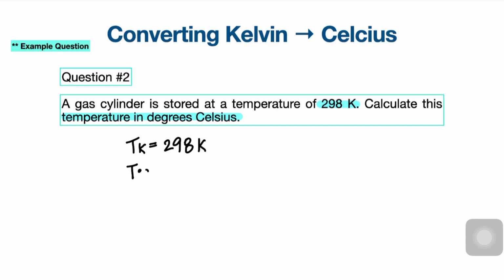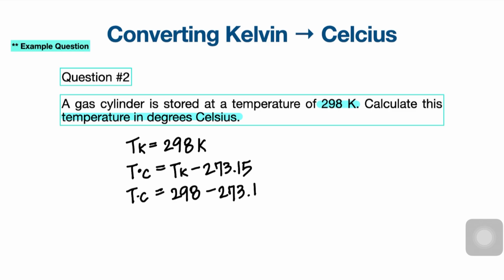So the temperature in Celsius would be equal to the temperature in Kelvin subtracted by 273.15. So if we substitute the temperature in Kelvin, we'll get 298 minus 273.15, which is 24.85. So the temperature in Celsius can be converted to 24.85 degrees Celsius.